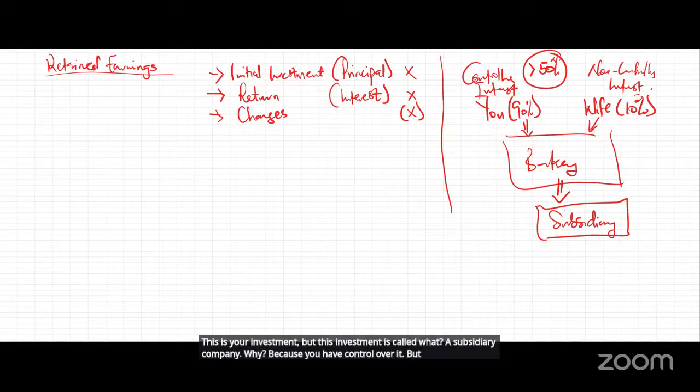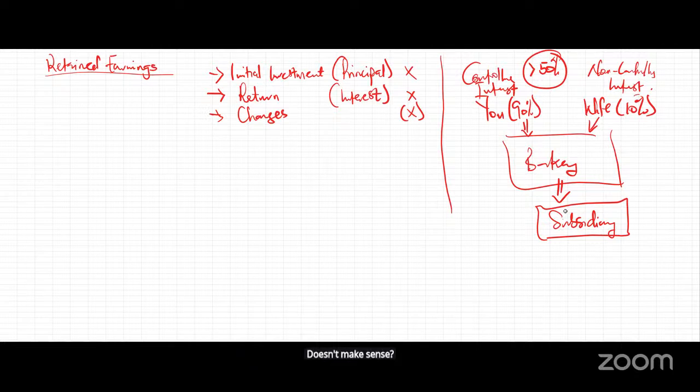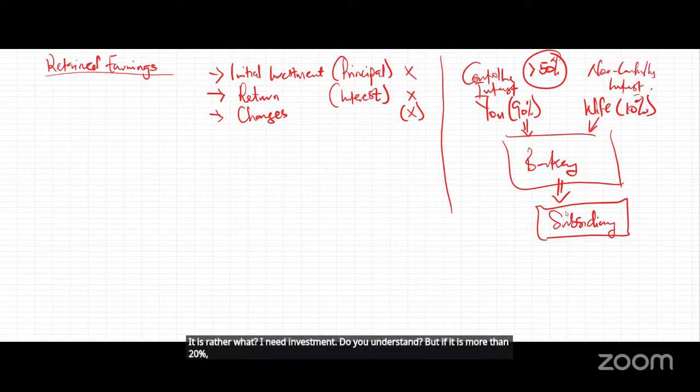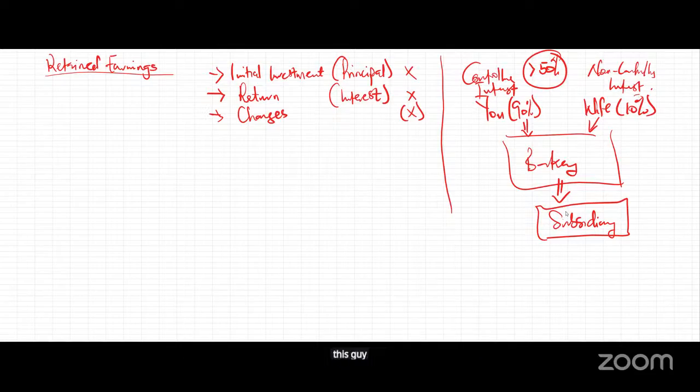But to the NCI, it's not a subsidiary, it's an investment. It only becomes your subsidiary when you own more than 50% of it. But to your wife, it is rather an investment. Do you understand? If it is more than 20%, then it becomes an associate, but it's just 10%.